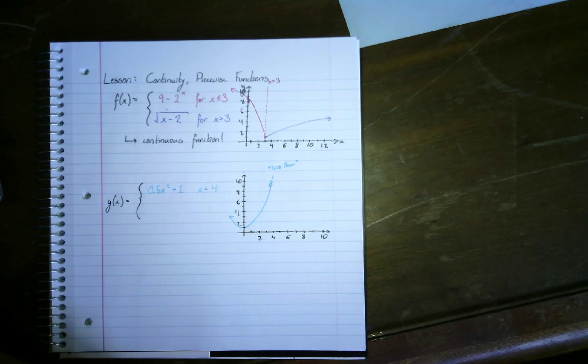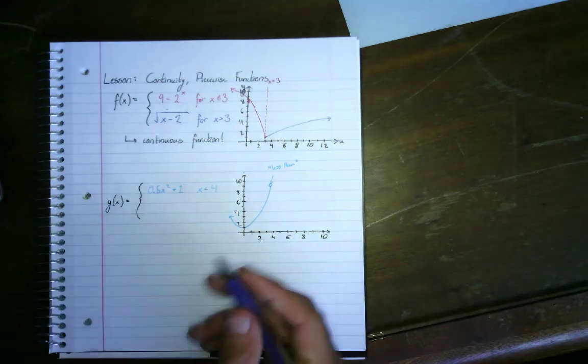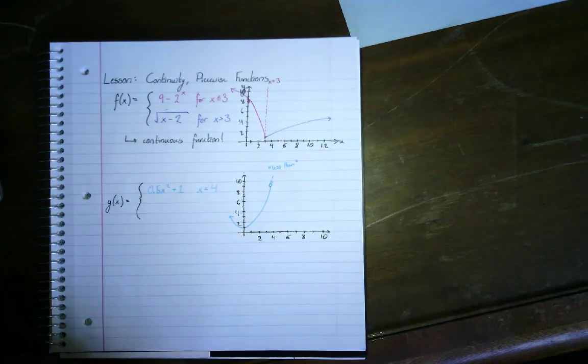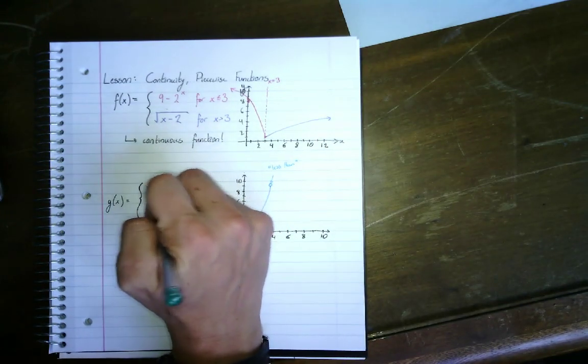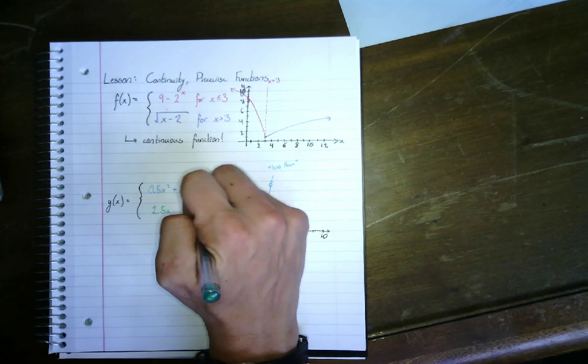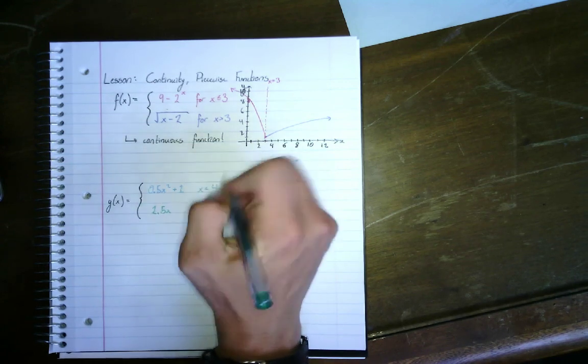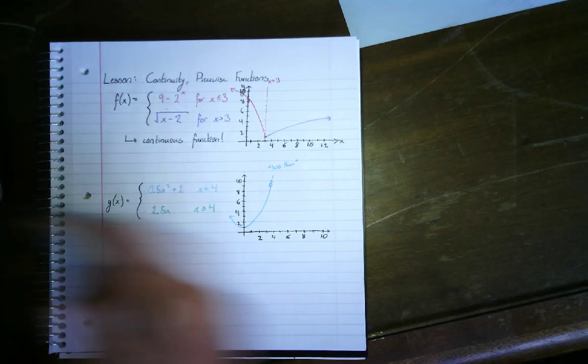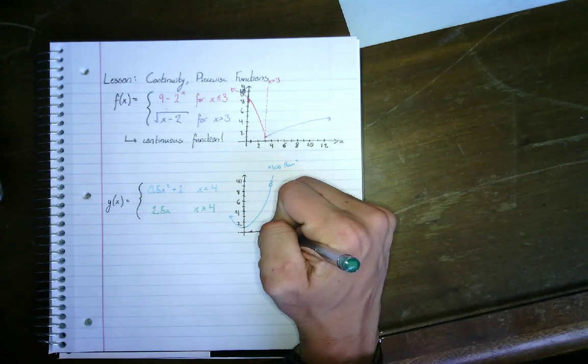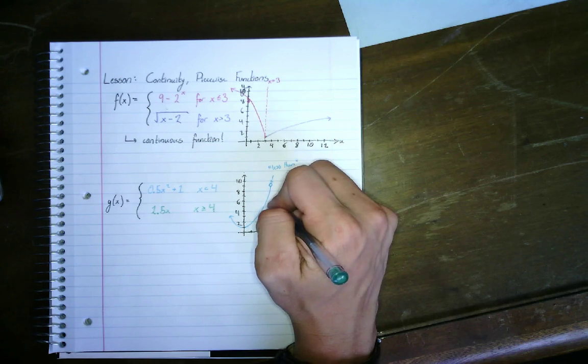Our next function for this will be 1.5x for x values greater than or equal to 4. In this case, at x equals 4, we actually have a value of 6.